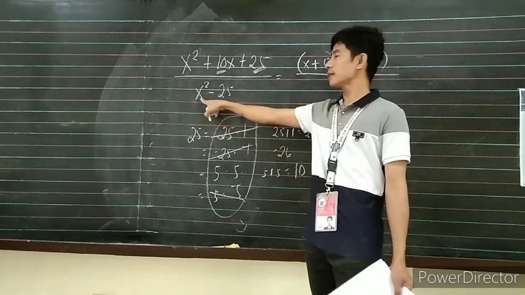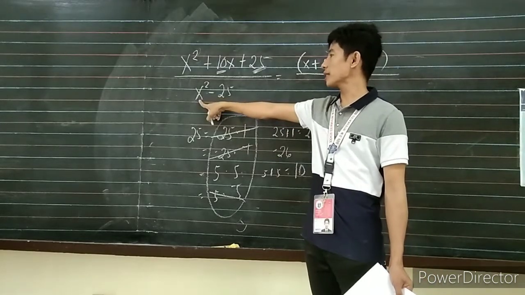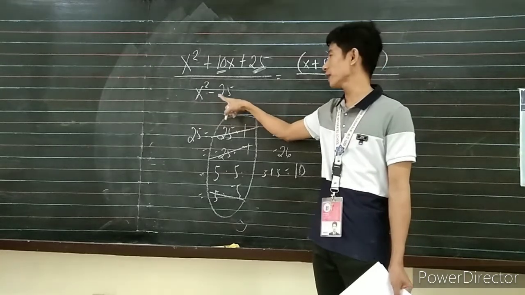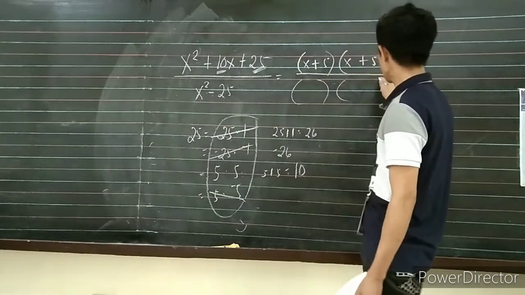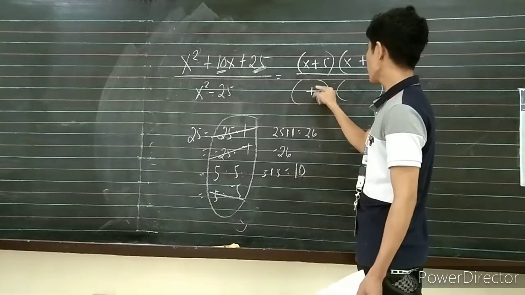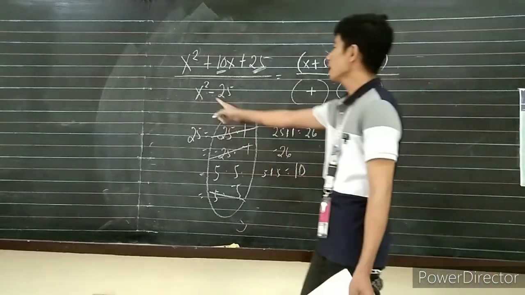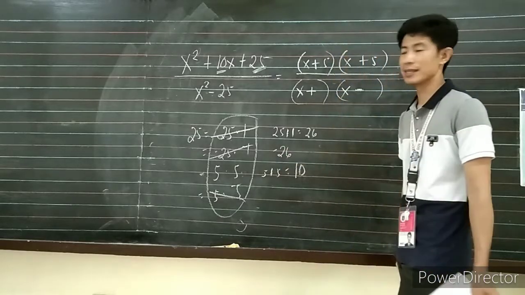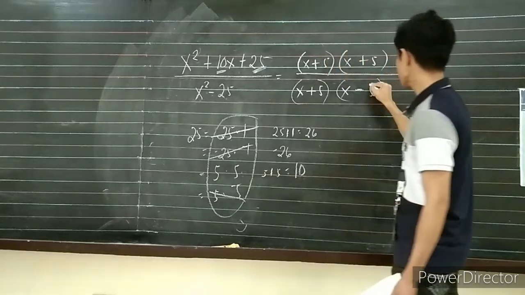And then, for our denominator, this is the difference of two squares, because x squared is a perfect square and 25 is also a perfect square, and they are separated by a minus sign. So the factor is the product of two binomials, where one is positive and the other one is negative. The square root of x squared is x, so we write it here as x. The square root of 25 is 5, so we write it here as 5.